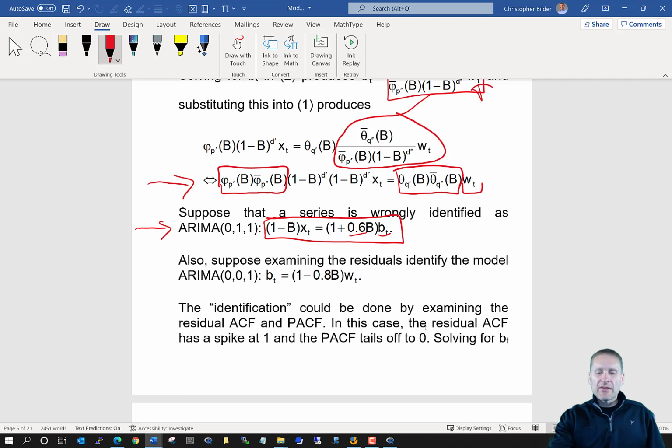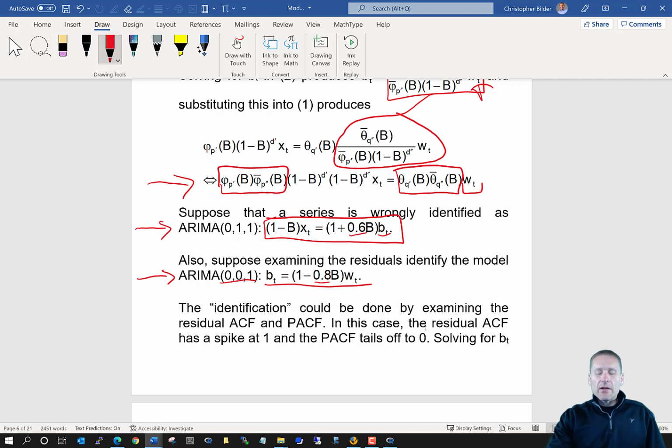And notice we have these B sub t's. From that model, we do a residual ACF and a residual PACF, and based upon how we know to interpret those functions, we then identify for the residuals themselves a new model, an MA1 model, that looks like this, and somehow we know what that corresponding theta is.